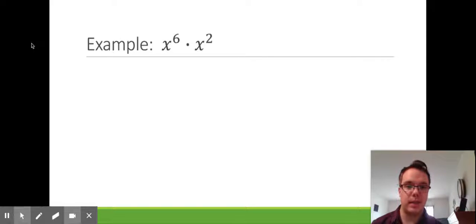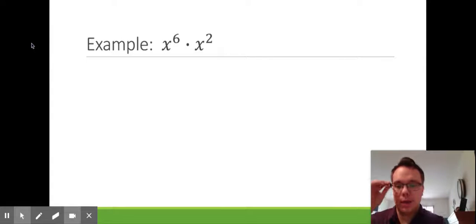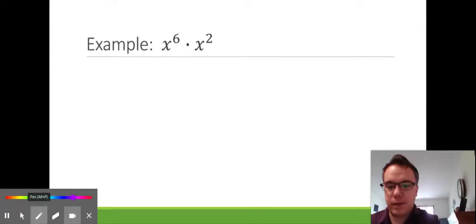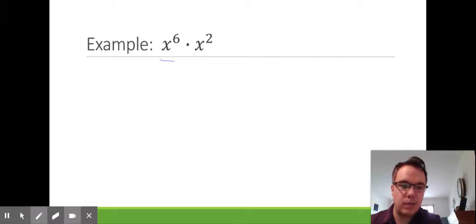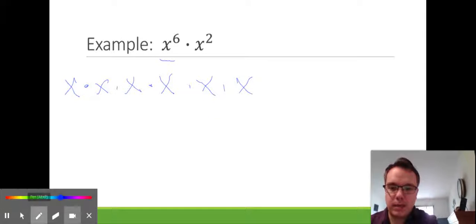Our first example is x to the 6th times x squared. So our first step, remember, is to change any of our powers to multiplication. So I'm going to start with x to the 6th. That means to take x times itself 6 times. So I'm going to write that out. And the power I'm multiplying by is x squared.